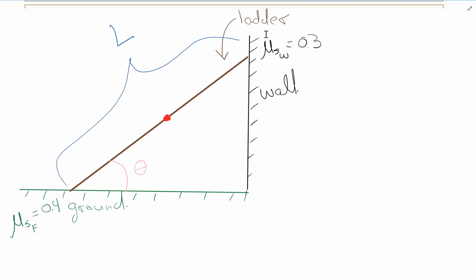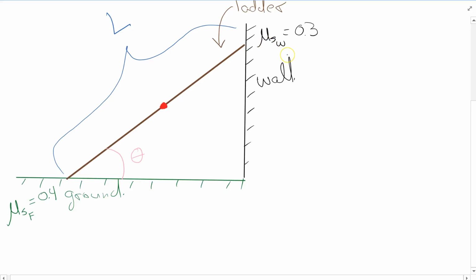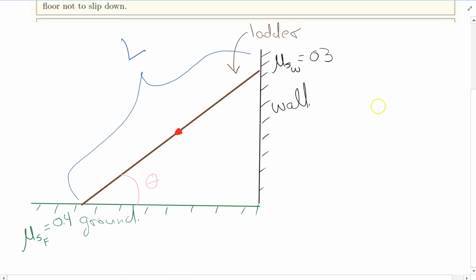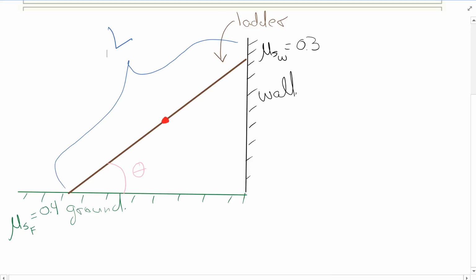I've labeled our coefficients of friction as μ static W for the coefficient of static friction for the wall, and μ static F for the coefficient of static friction for the floor. I've also labeled over here our angle. This is the angle that we're going to look for, the minimum angle that this thing needs to be at, the smallest angle I could make this, right?